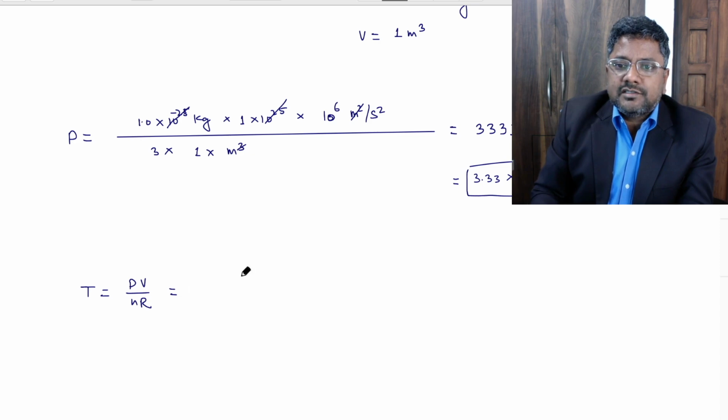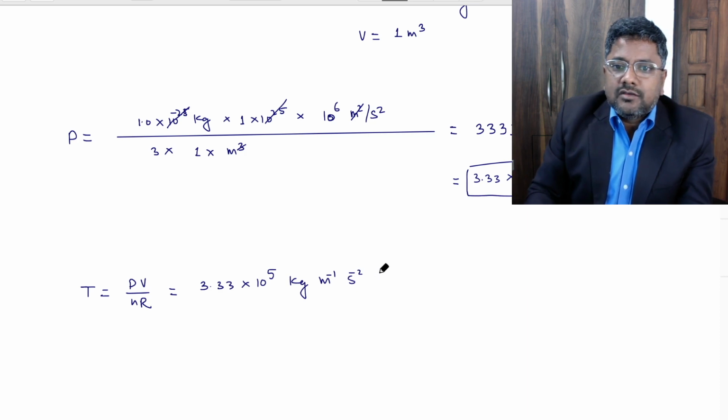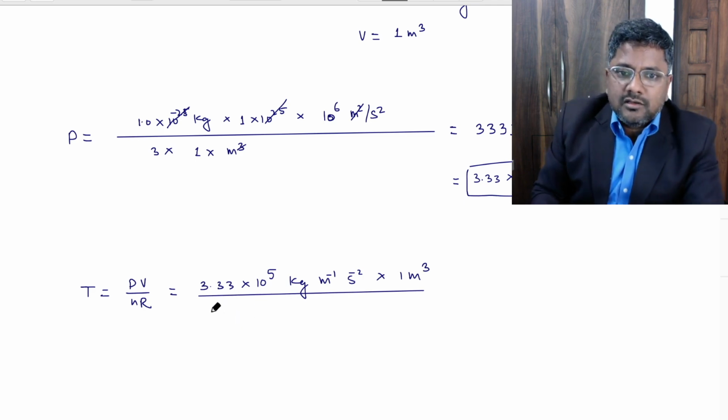So pressure is 3.33 into 10 to the power 5 kilogram meter minus 1 second minus 2, and volume is 1 meter cube, divided by n, which is equal to 1 into 10 to the power 25 divided by 6 into 10 to the power 23.